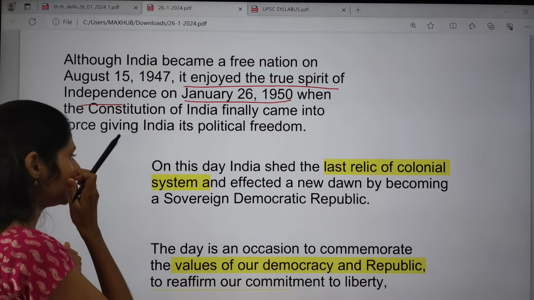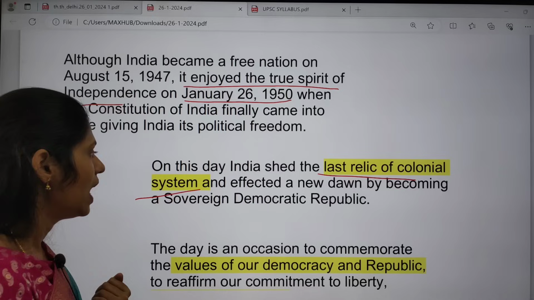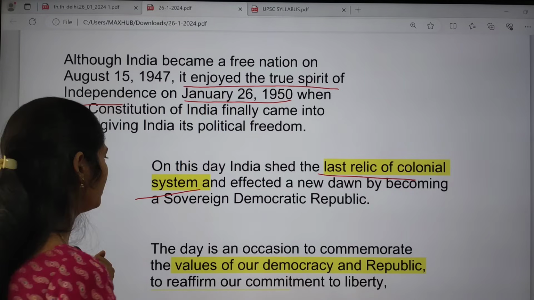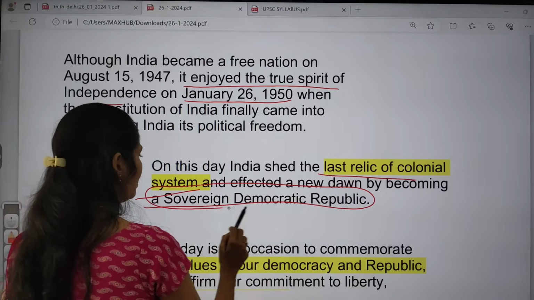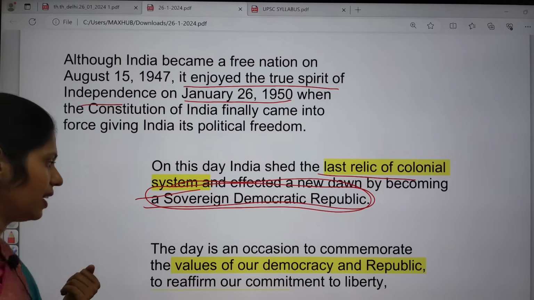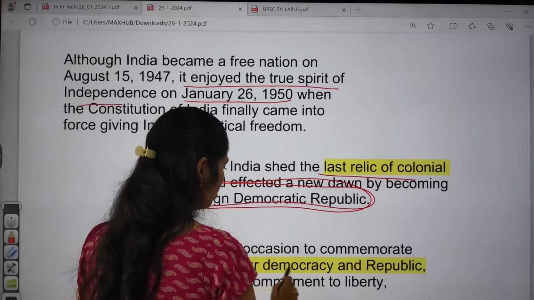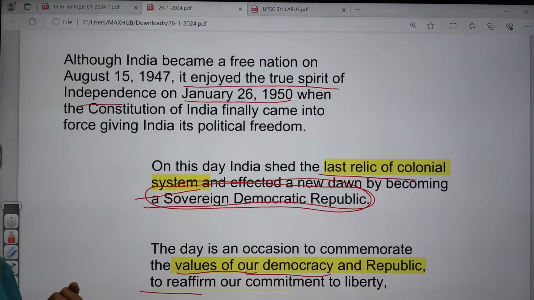On this day, India shed the last relic of the colonial system and affected a new dawn by becoming a sovereign democratic republic. This day is an occasion to commemorate the values of our democracy and republic, and to reaffirm our commitment to liberty.